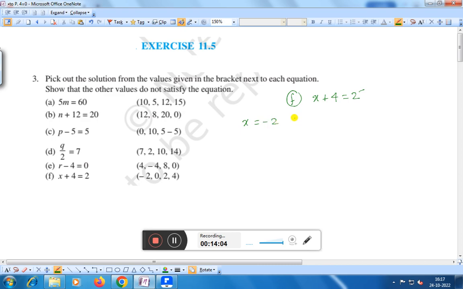Therefore we put the value x is equal to minus 2, and x equal to 0, and x equal to 2, and x equal to 4.